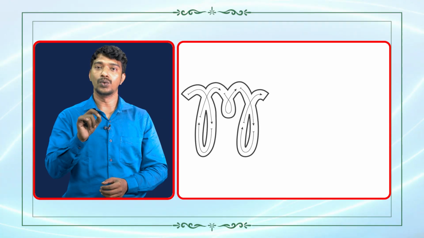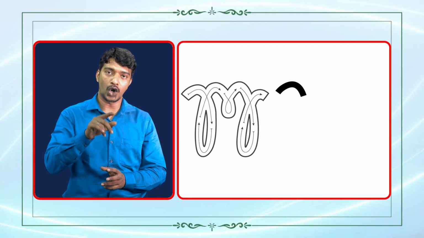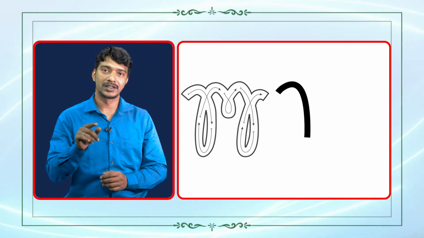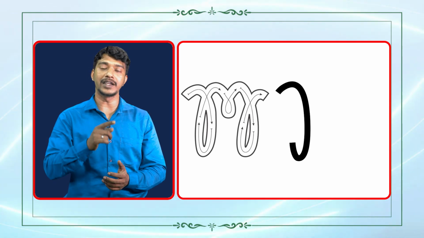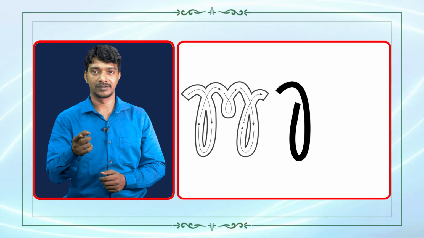To write Ud, we will draw a curve from top to bottom on the right. Then it turns to the left and also draws upward from left to right.